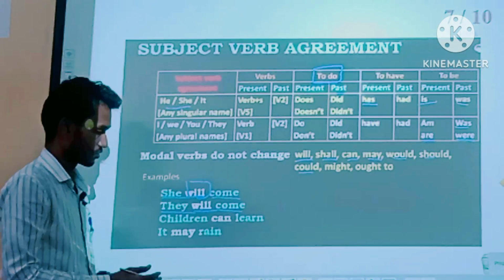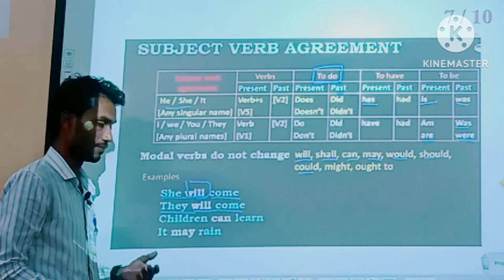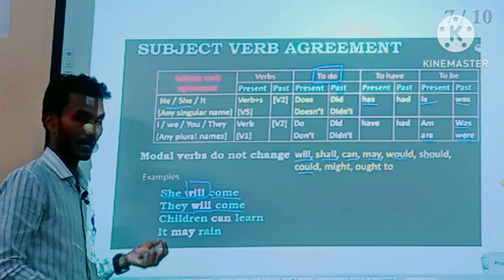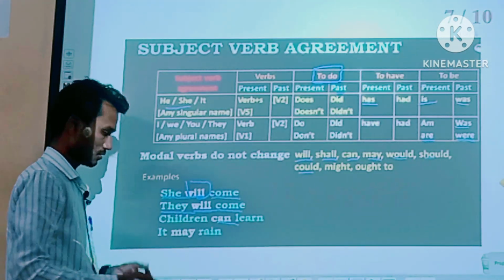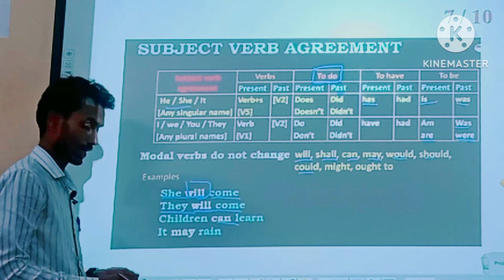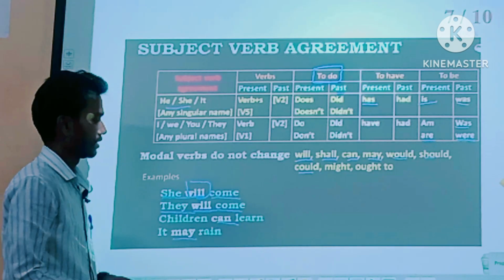They will come, it's not they will comes, it's wrong. We should say they will come. Children can learn English. It may rain, right?